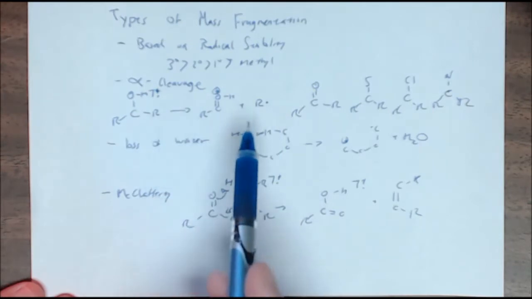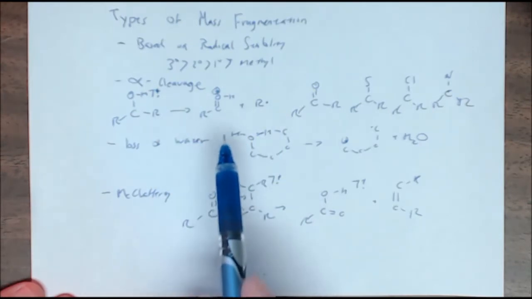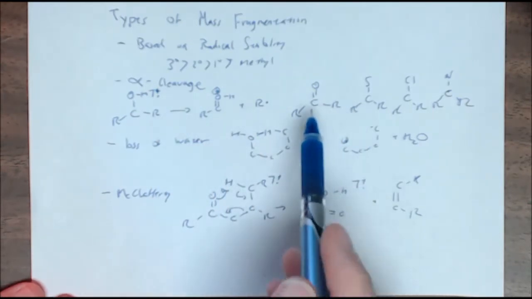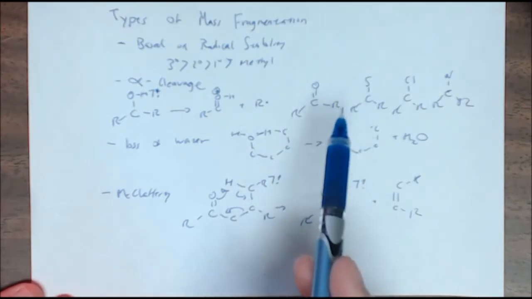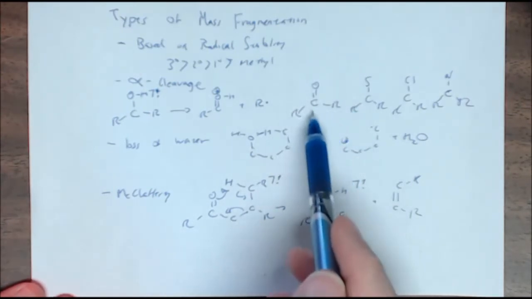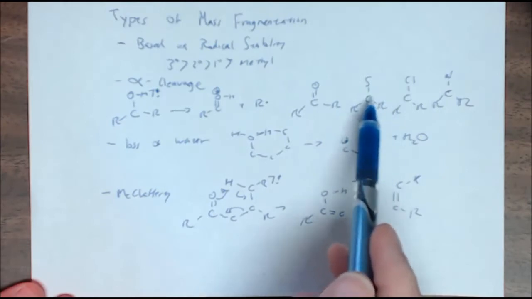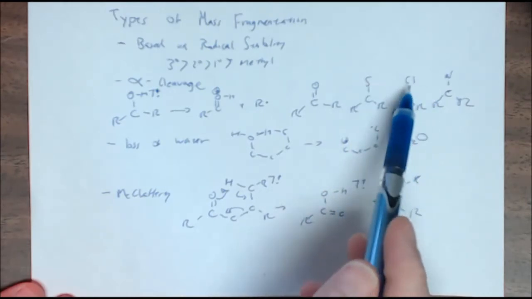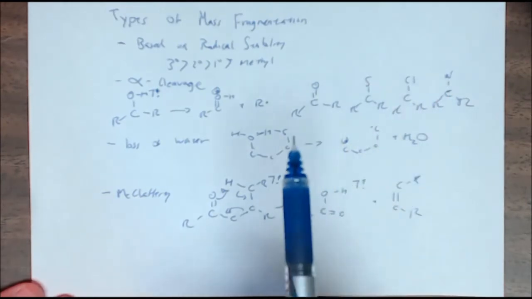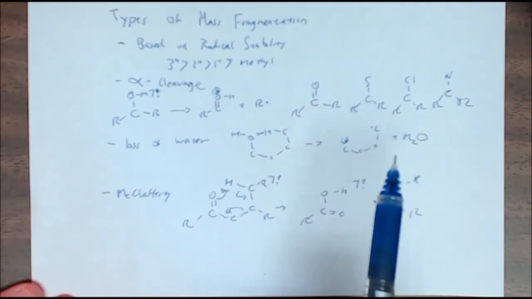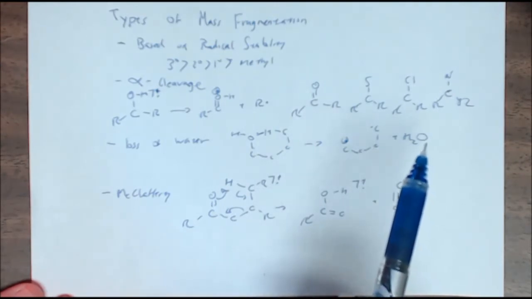So I expect to see both peaks generated during this type of alpha cleavage. Common things that go through alpha cleavage are carbonyl compounds and any heteroatom, so sulfur, chlorine, nitrogen. Oxygen's the big one. We always see some sort of alpha cleavage whenever there's an oxygen involved.